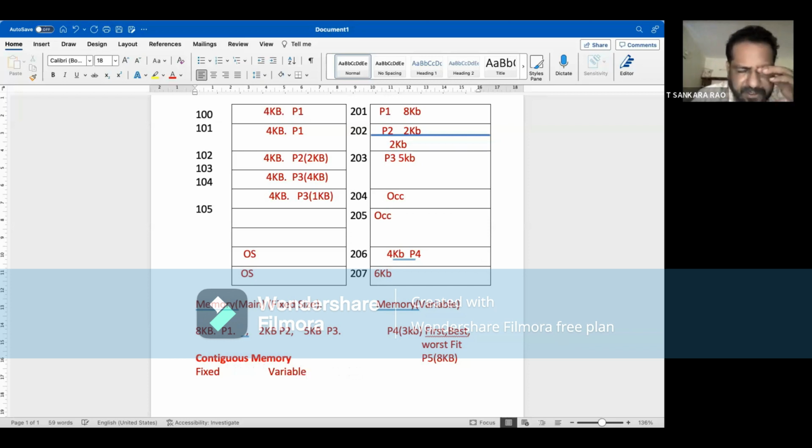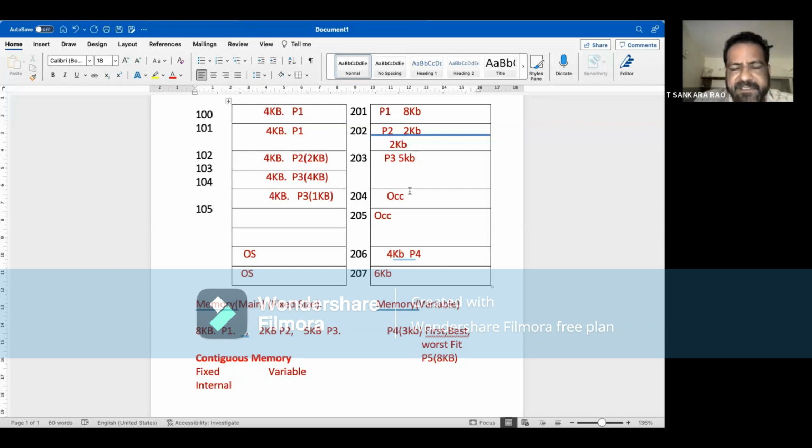What is the drawback of fixed size? What are we facing in the fixed size? Some space is wasted inside the partition because they are fixed size. That is called internal fragmentation. Wastage of memory within the partition in the fixed size partition scheme is called internal fragmentation.